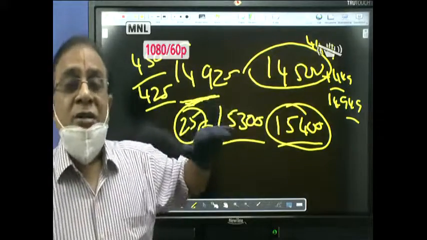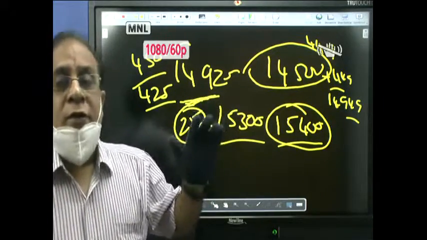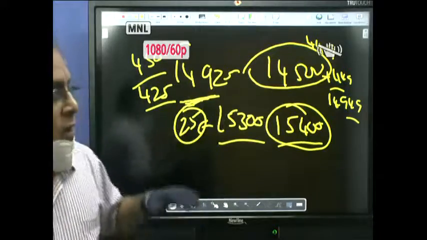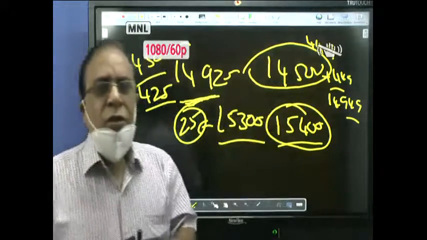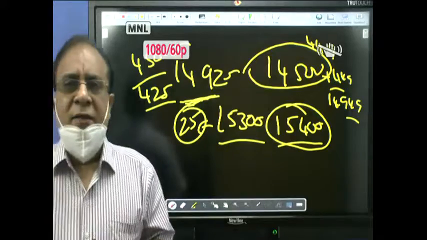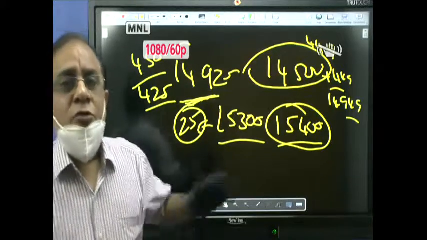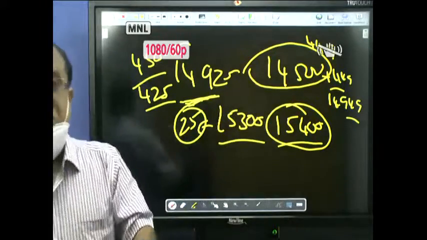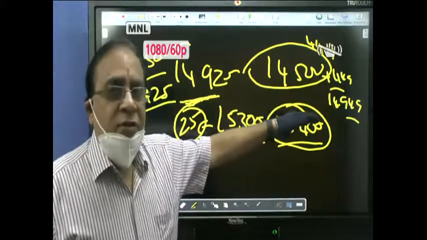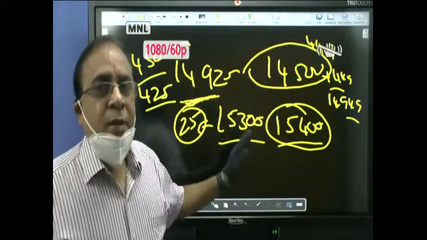So in case of a devastating fall, this will save you compared to the futures, because the loss is still limited to the premium paid, which is 425.